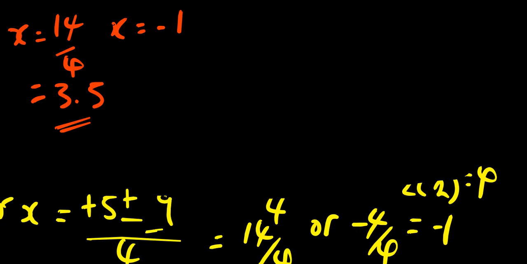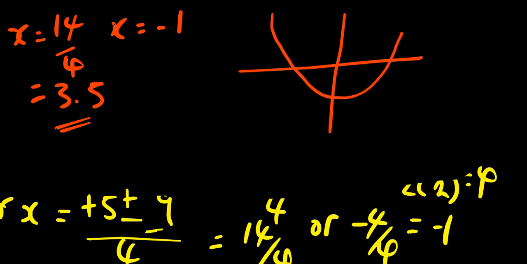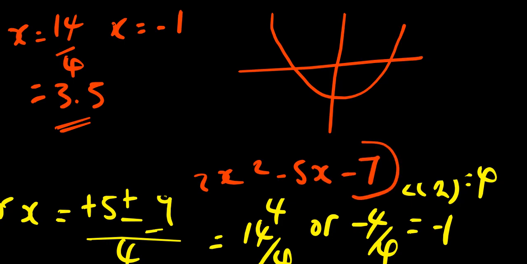If we were to plot this graph, just to give us a context of how our diagram looks, since it's a quadratic, it will open like that. You remember it was 2x squared minus 5x minus 7, so it had shifted negative 7 times.